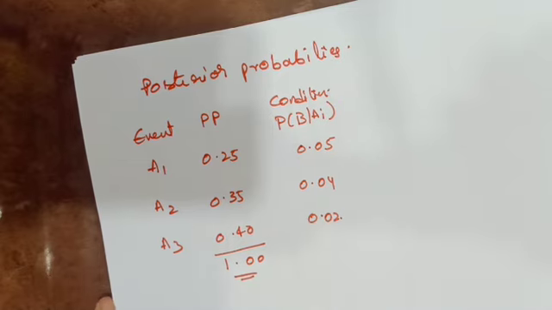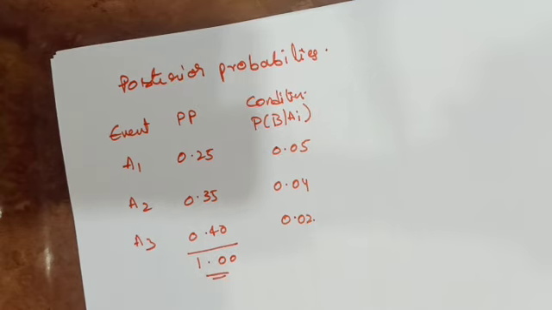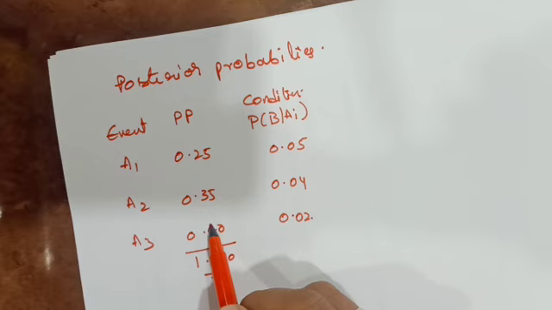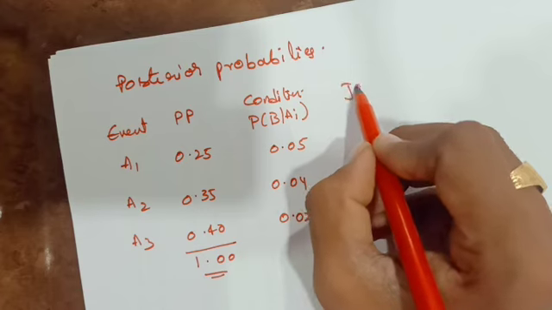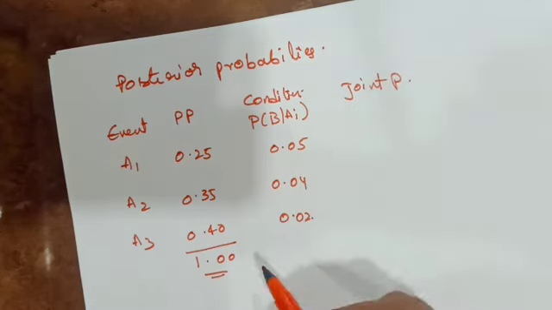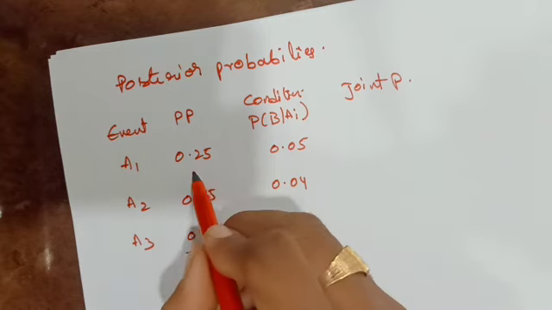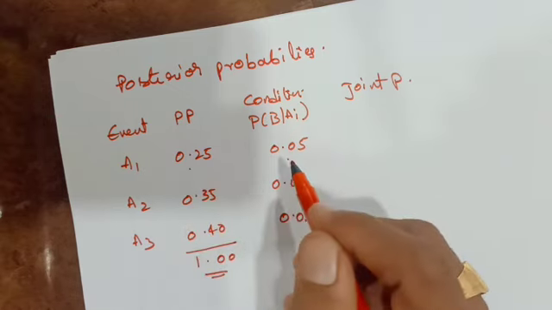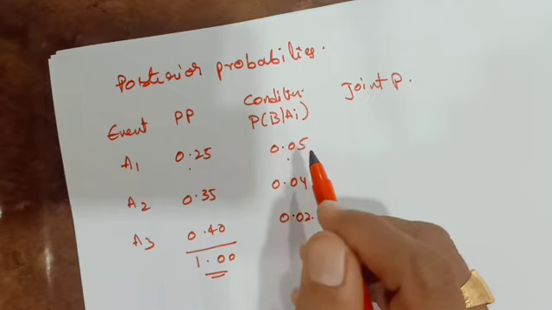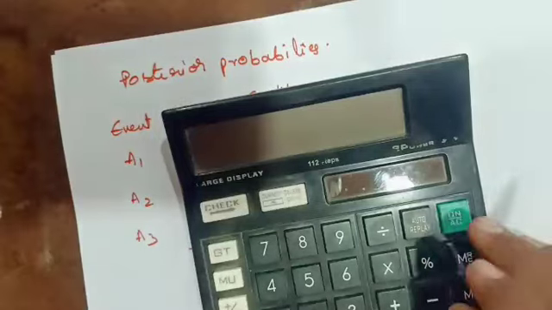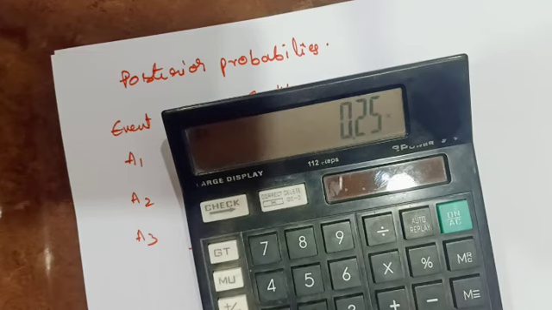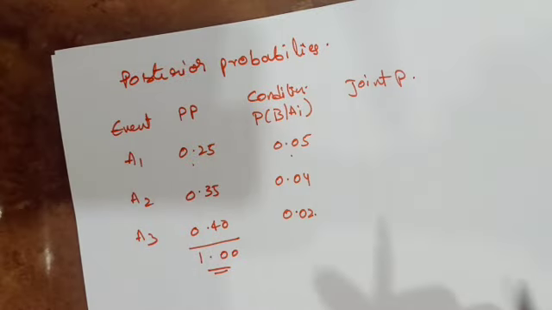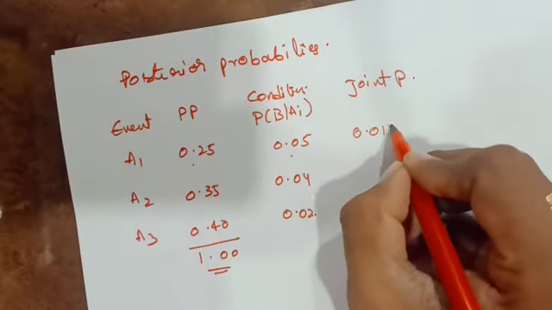Now that we have the prior and conditional probabilities, we calculate the joint probabilities. To calculate the joint probability, 0.25 into 0.05 gives 0.0125.